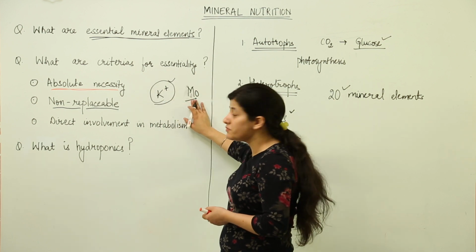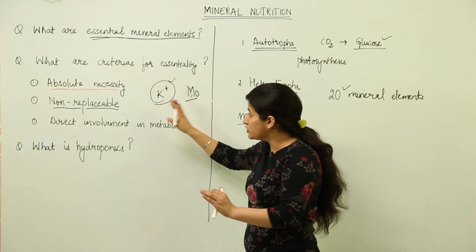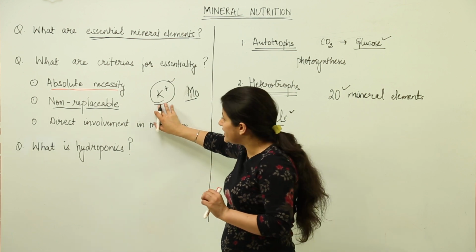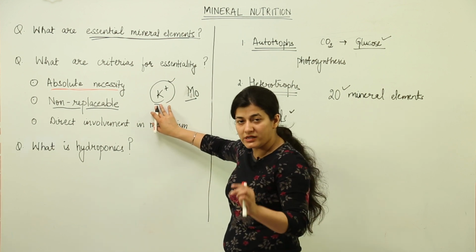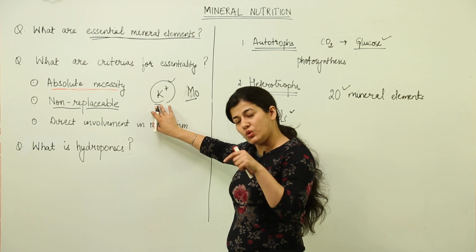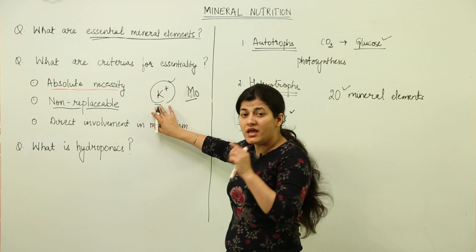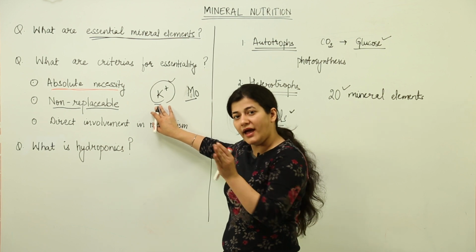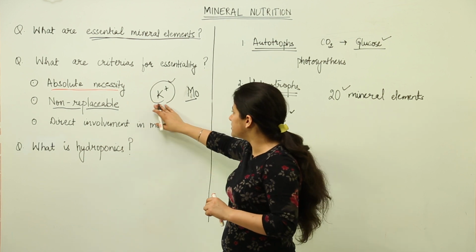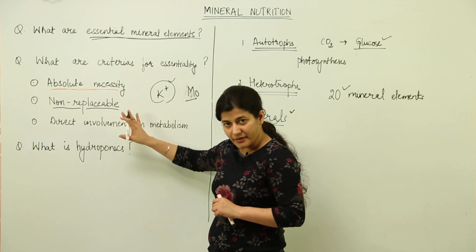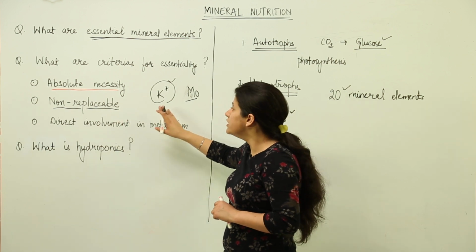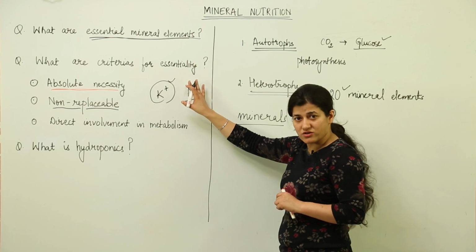Even if molybdenum is present, it cannot do the function which potassium was performing. So basically the element has to be non-replaceable. That particular element would only be able to carry out the activities which it is involved with. Otherwise, no other element can come and replace it. So the mineral element has to be non-replaceable so that it becomes essential for the plant.